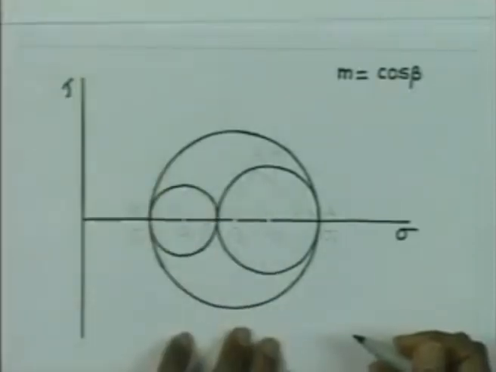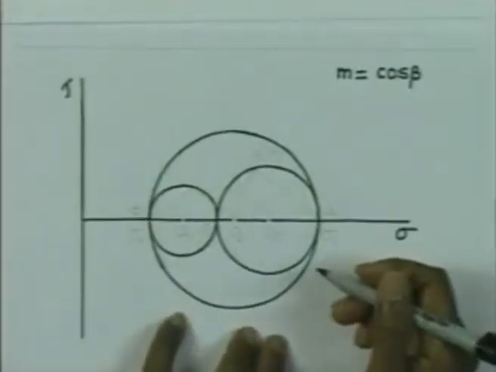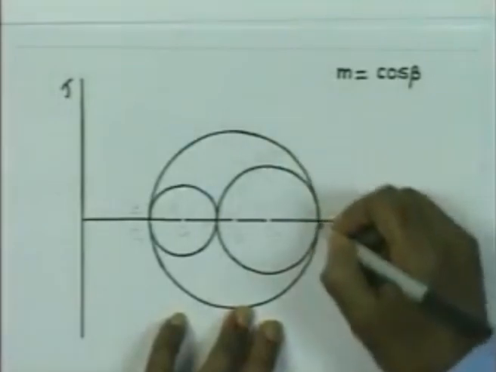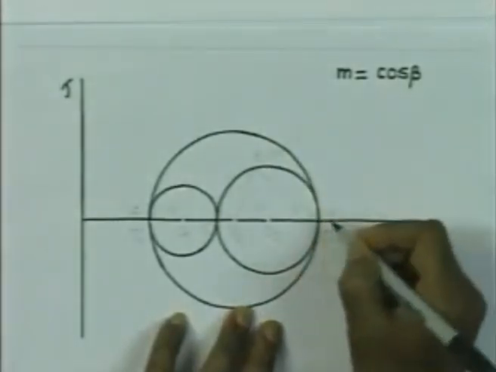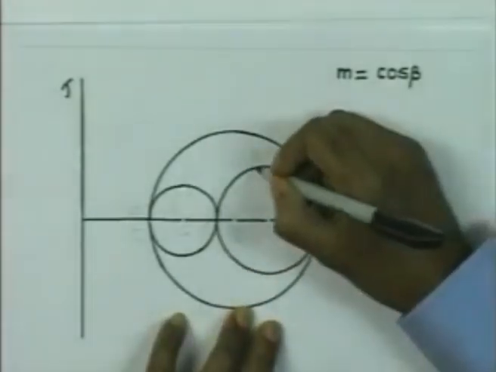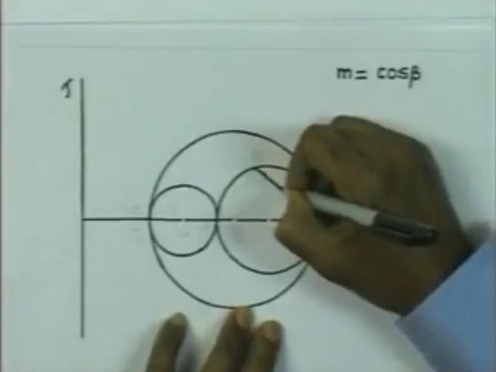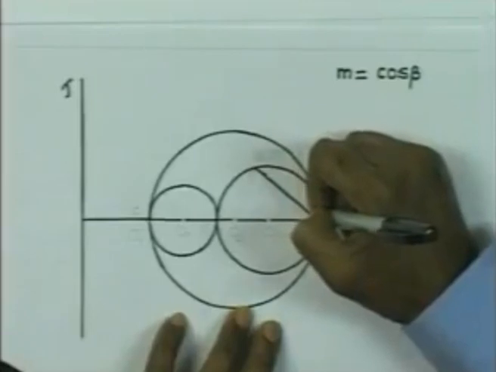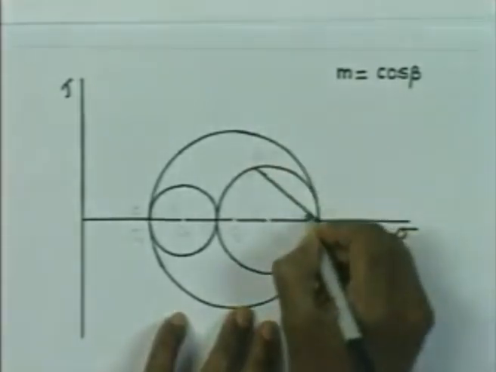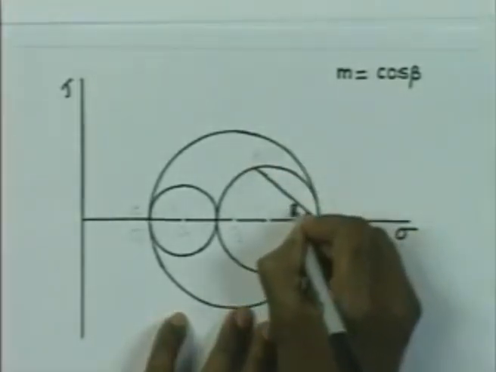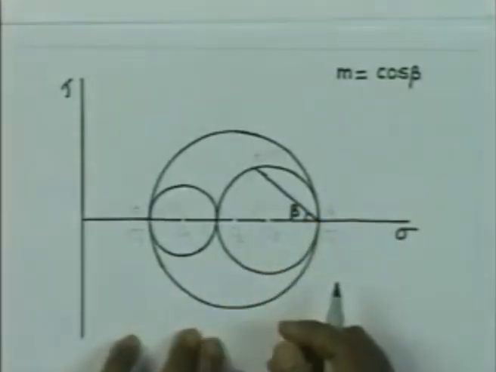Now what we do is that we try to draw a chord with this point at an angle beta with the normal stress direction. So we draw a chord here which is at an angle of beta. So that is the chord we draw.